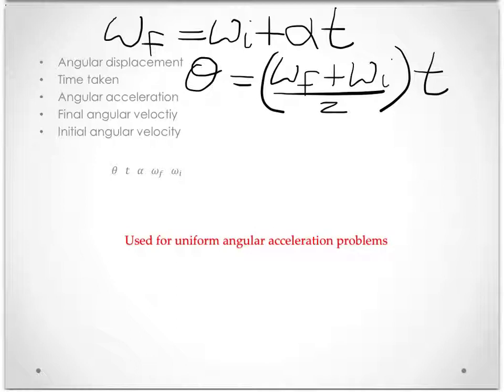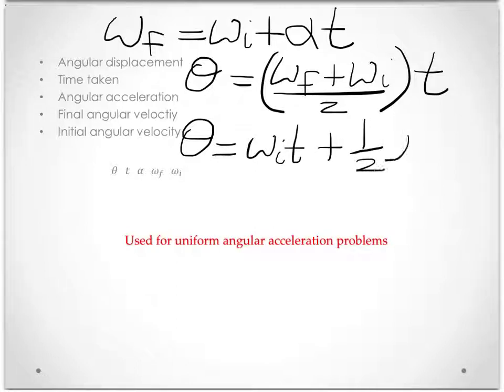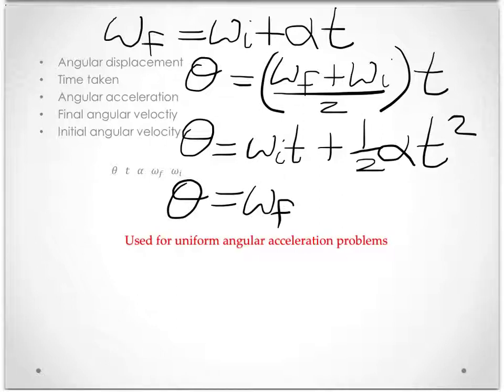Another one for displacement, quite useful, involves omega I again times time, plus half times the angular acceleration times t squared. And a very similar one involves the final angular velocity omega F times time, minus a half times the angular acceleration times t squared.